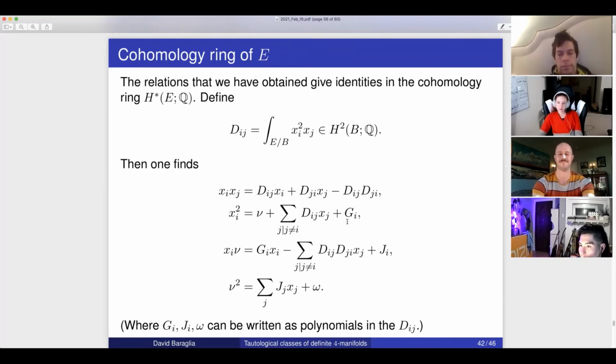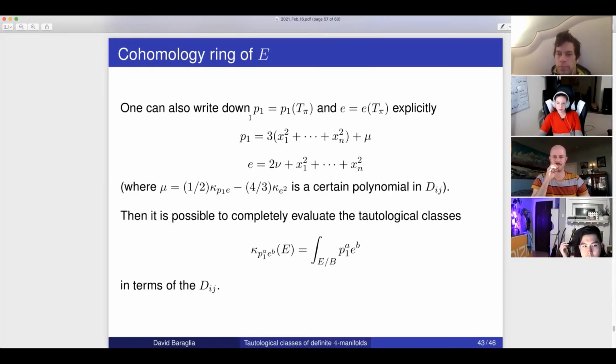There are some other classes Gi, Ji, omega, but those are certain polynomials that you can write down in Dij. So the entire cohomology ring is given by some formula in terms of these Dijs. So everything is now pretty explicit.